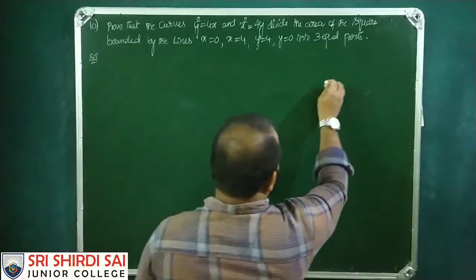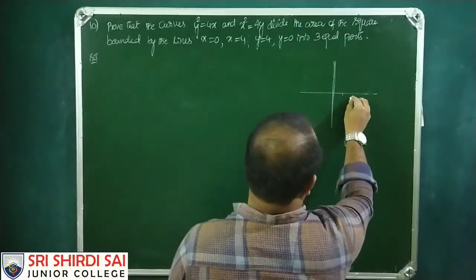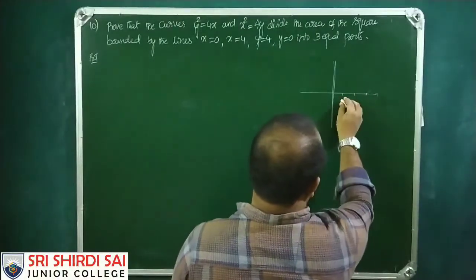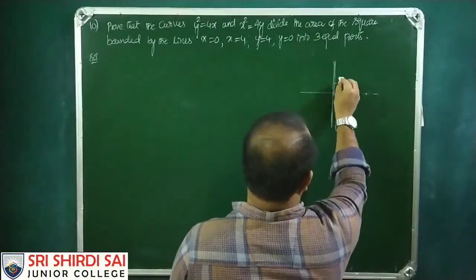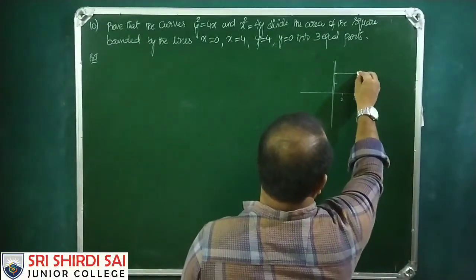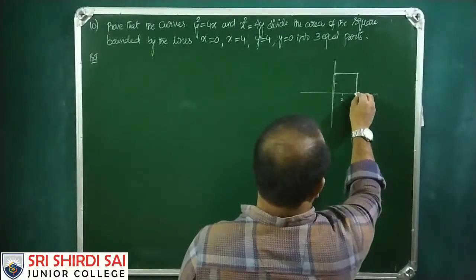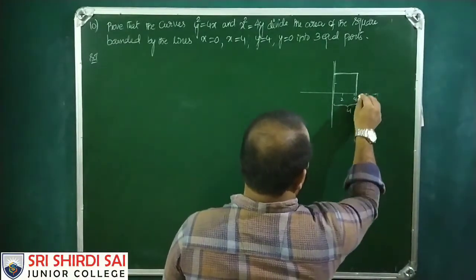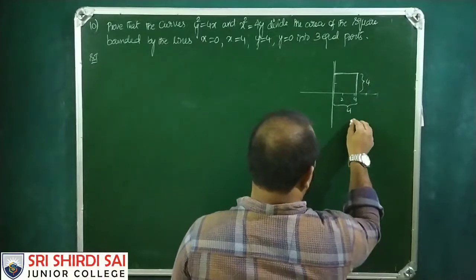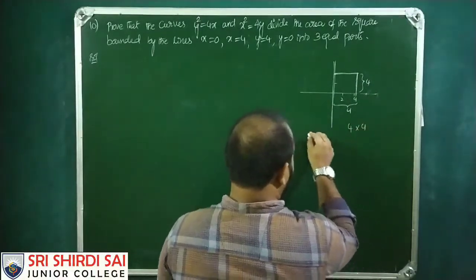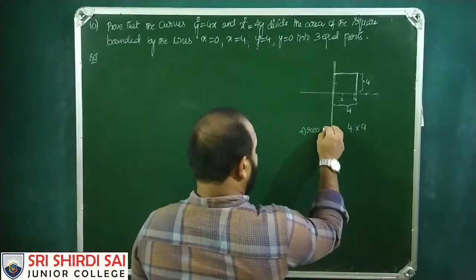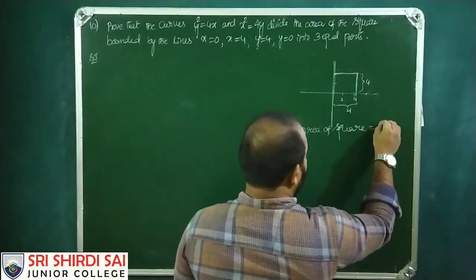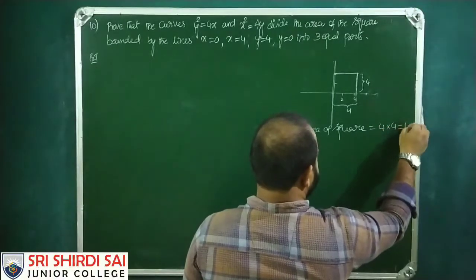For example, this is the 1, 2, 3, 4, and otherwise if you take 2 units, 2, 4, this is given. So this is how much? So this is 4 and this is also 4. The area of square is equals to 4 into 4, 16.